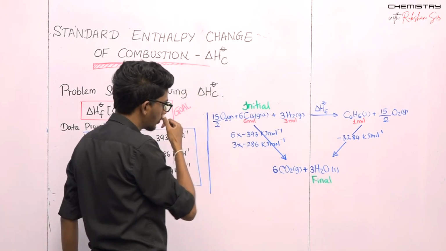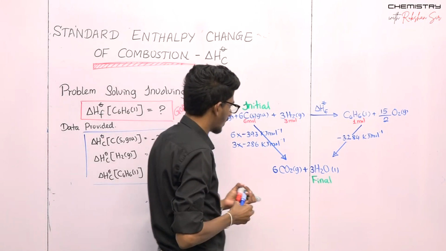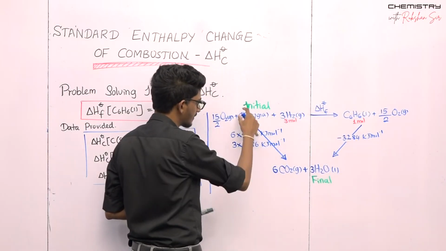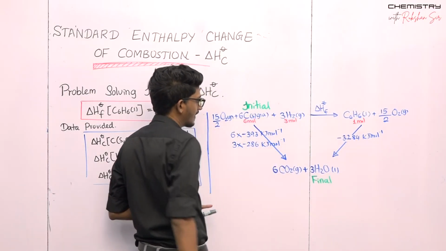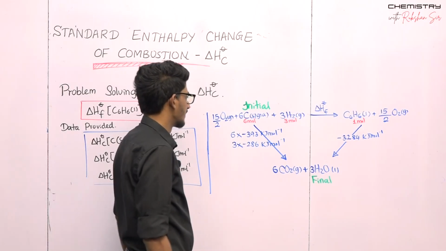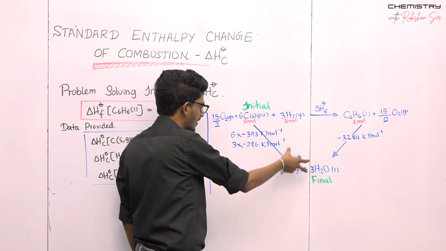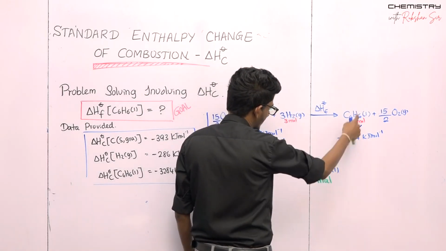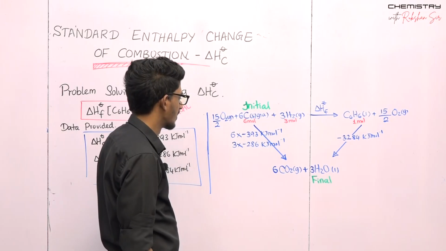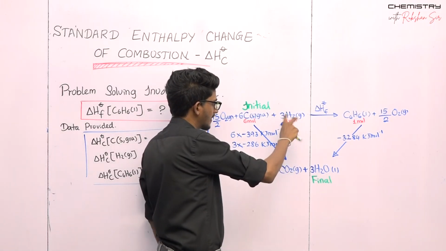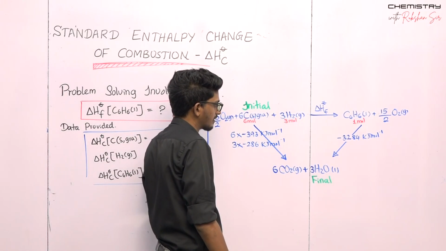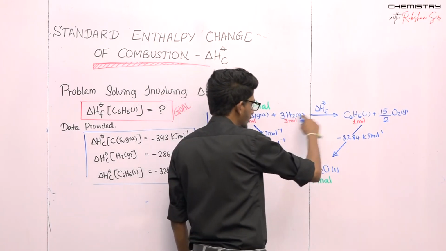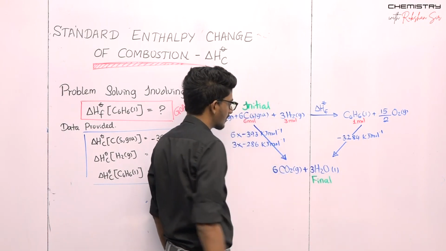Two routes are available to come from initial to final. This is one route, and the other route is this. Hess's law means that if you are dealing with the same initial and final states, the pathway taken to reach the final state won't matter. The change in thermochemical data will be the same. So whether you come by this route or this route, the change in enthalpy will be the same.